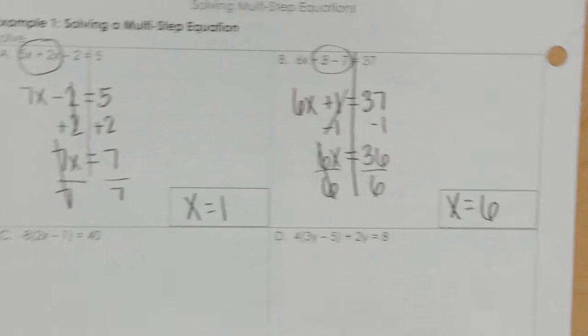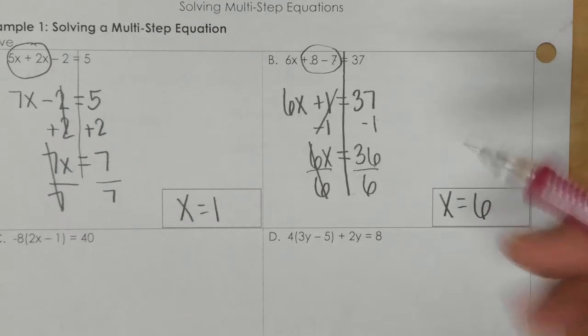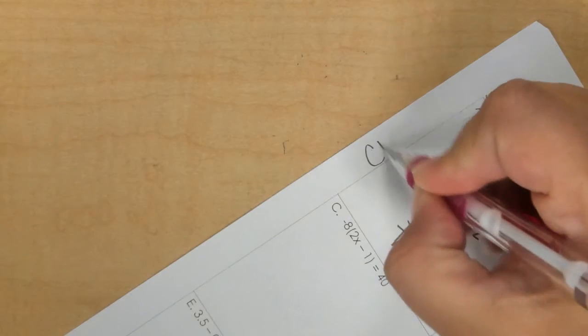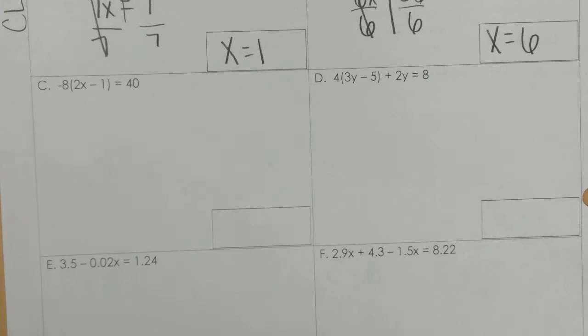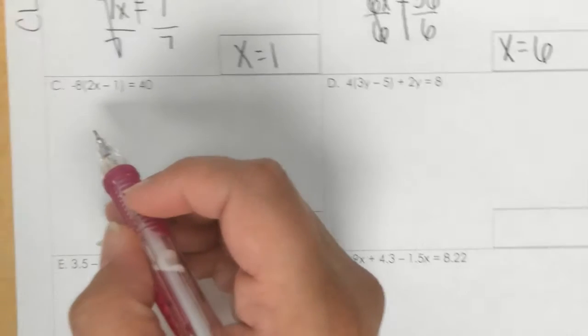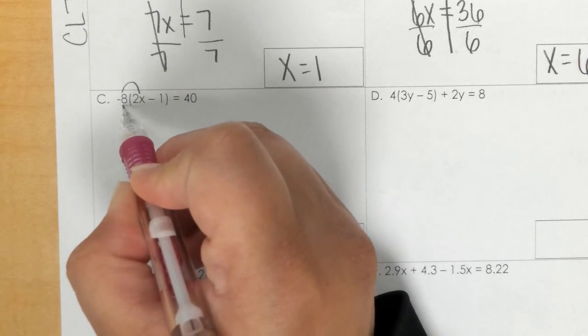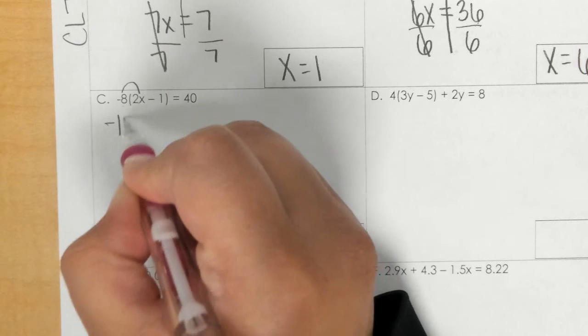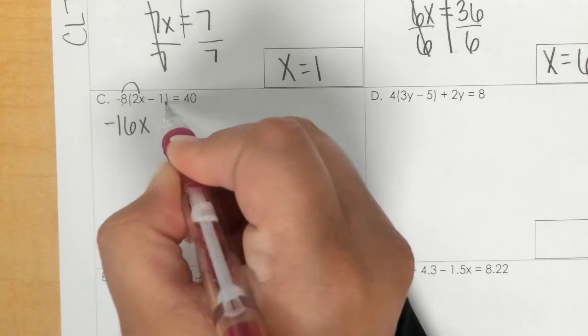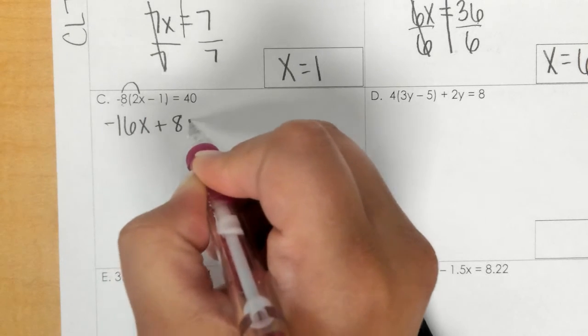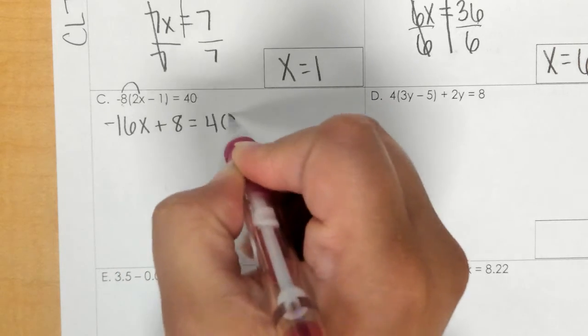Okay. So these here are where you have to combine like terms first. Then in C and D we have the distributive property. So we are going to distribute or multiply negative 8 times 2x, negative 8 times negative 1, and bring down your 40.